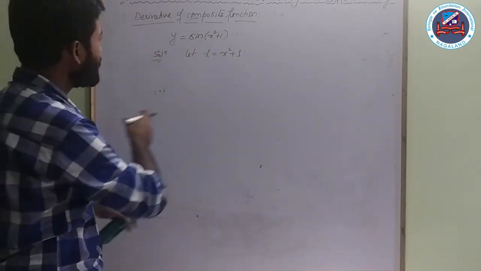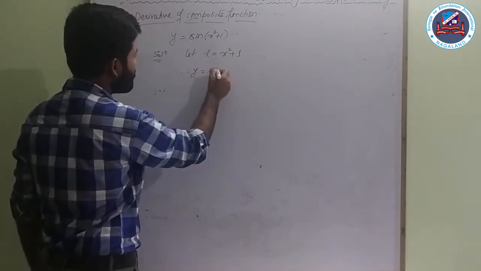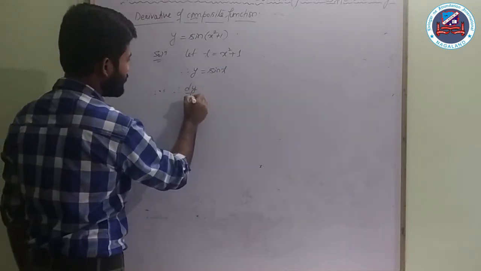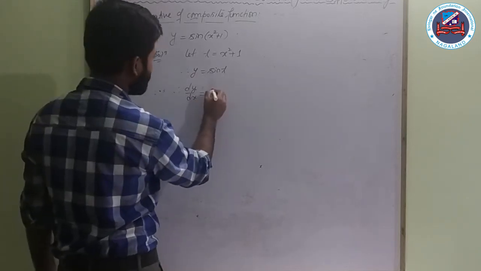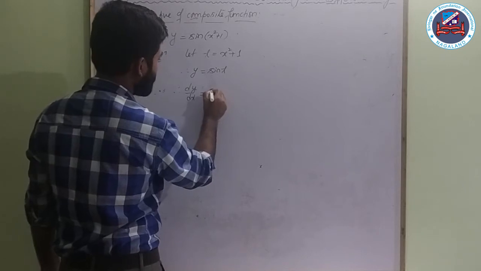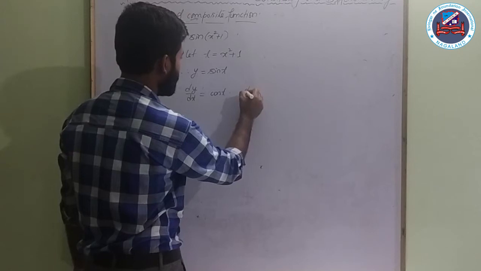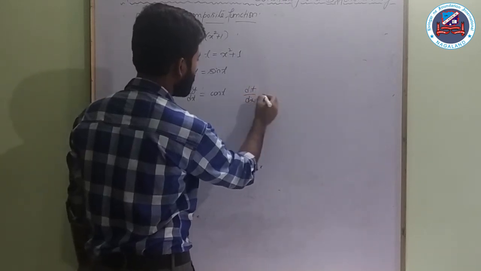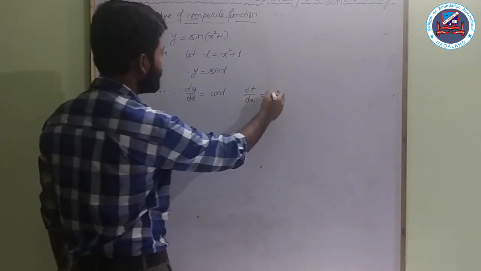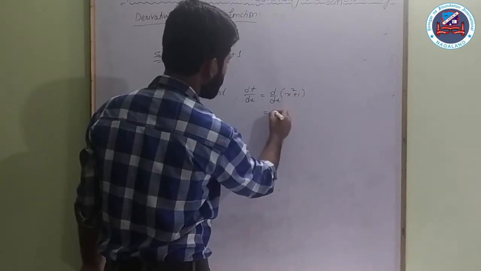Fine? So y will be equal to sine of t. Now if you take the derivative, dy by dt will give us cos t, and dt by dx, that is d by dx of x squared plus 1, will be equal to twice x.